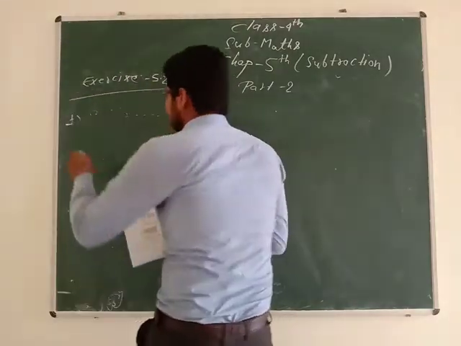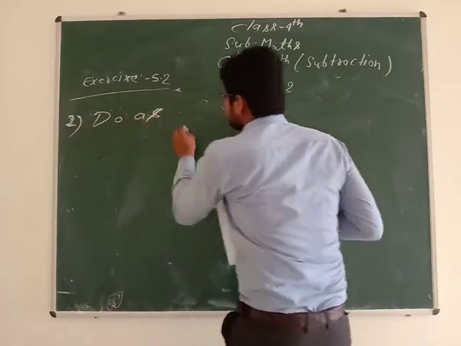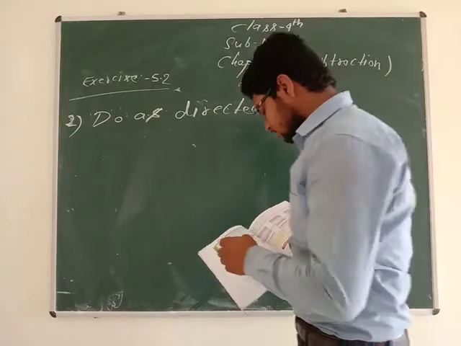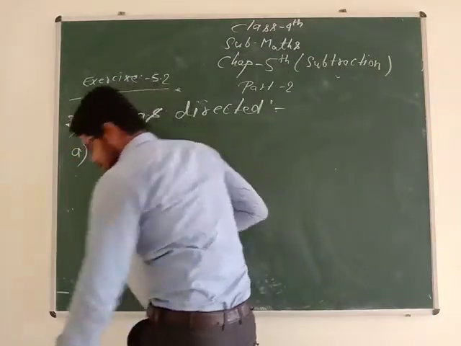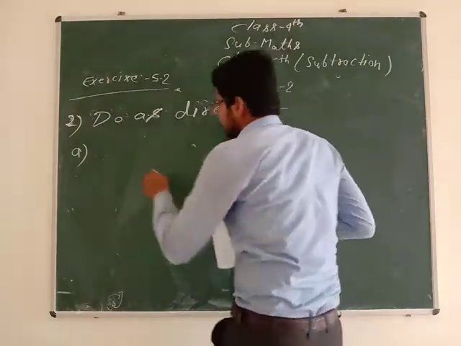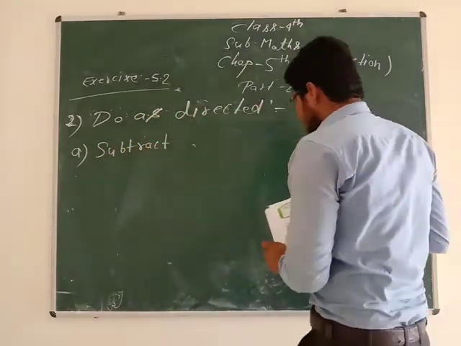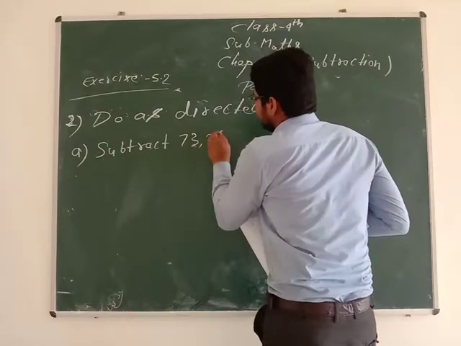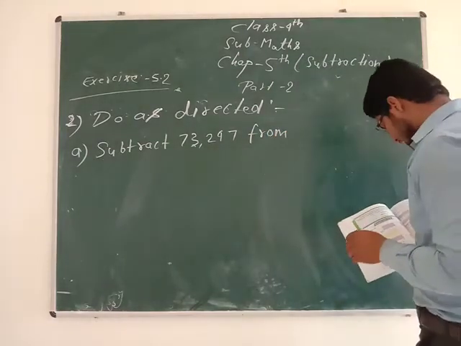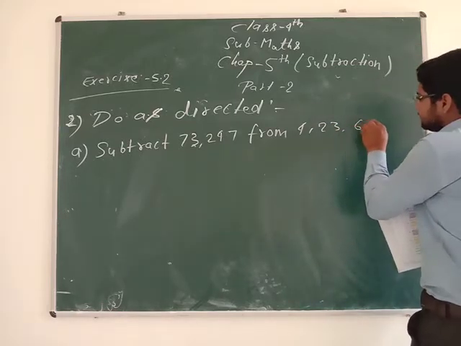Let's jump to the second question. Do as directed. Subtract 73,247 from 4,23,678.